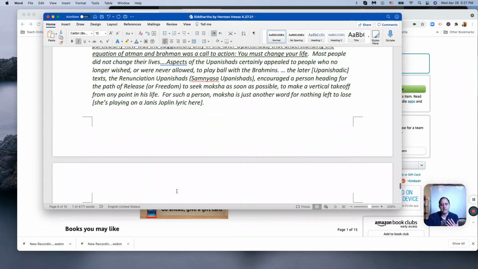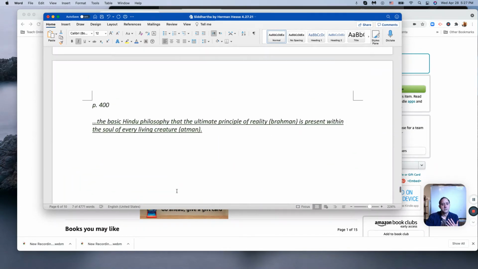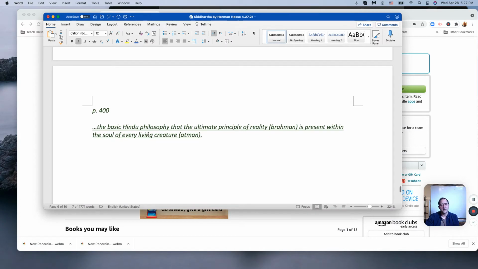So at the bottom here, I'm going to go down to the bottom. The basic Hindu philosophy is that the ultimate principle of reality, Brahman, is real reality. The ultimate principle of reality is present in every soul of every living creature. Notice every living creature. That means animals too.